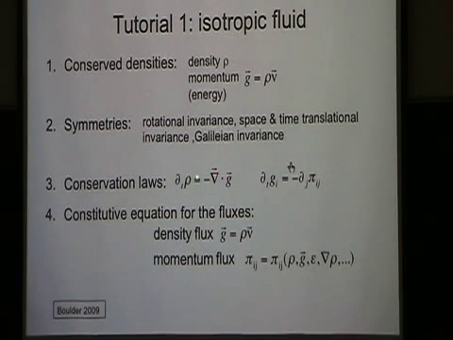The density flux is just the momentum itself, and the momentum flux determines the rate of change of the momentum density. These are exact. You can actually derive them exactly from Hamiltonian dynamics for the system, and get exact expressions at the microscopic level for these fluxes, but that doesn't help you because you don't know what they are.